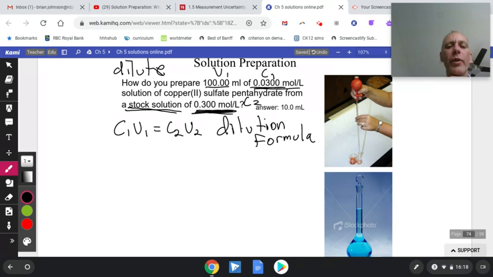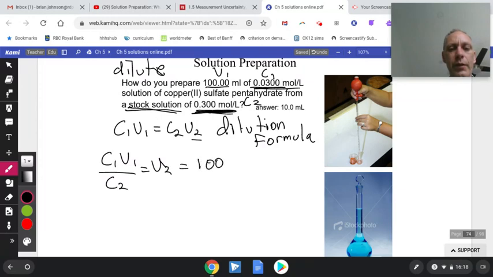So the question is, what is volume 2? So rearrange and solve for volume 2. C1V1 divided by C2 equals V2. Okay, C1V1: 100 milliliters, volume 1 times concentration 1, divided by concentration 2.